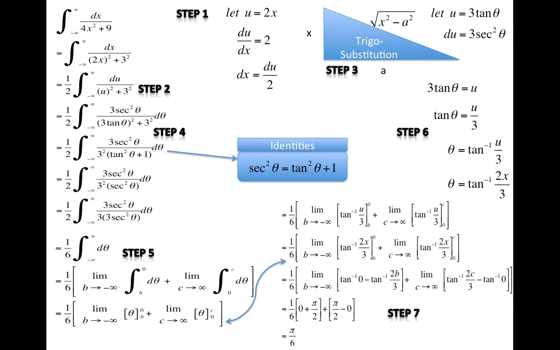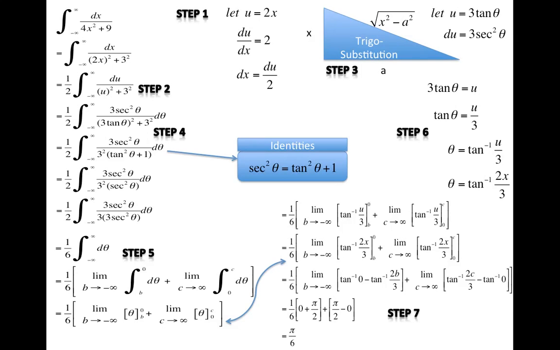And just below step 4, as you can see at the arrow, we use the identity sec squared theta equals tan squared theta plus 1. When we apply this identity, we can factor out 3 squared. So at the end we get 3 sec squared theta over 3 squared times sec squared theta.